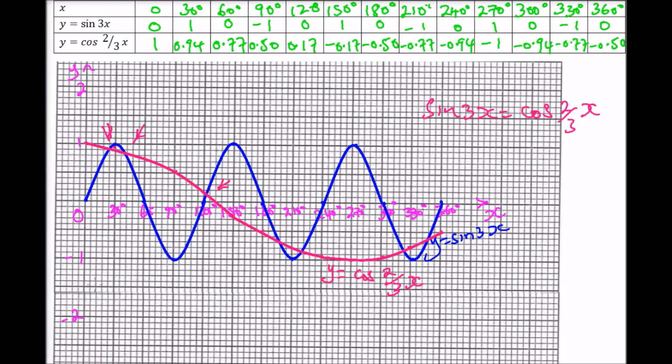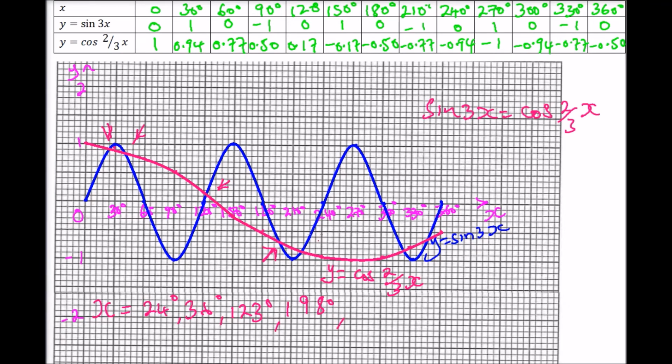If you draw your graph correctly, then you should get x around 24 degrees for the first point. Then we come to 36 degrees. Then we have this one, which is around 123 degrees. The other one is around 198 degrees.